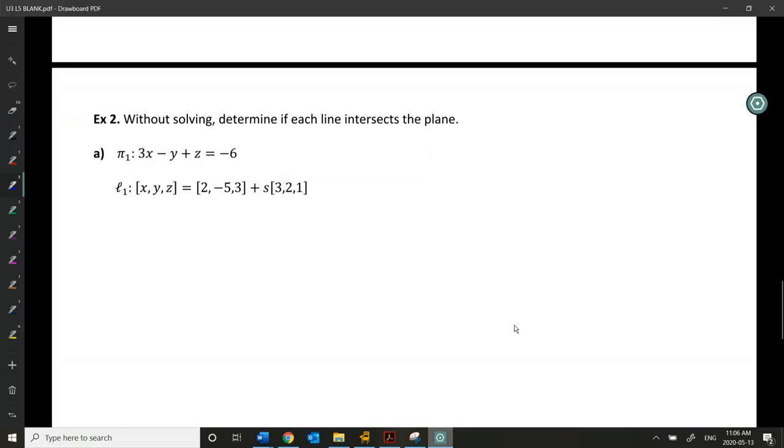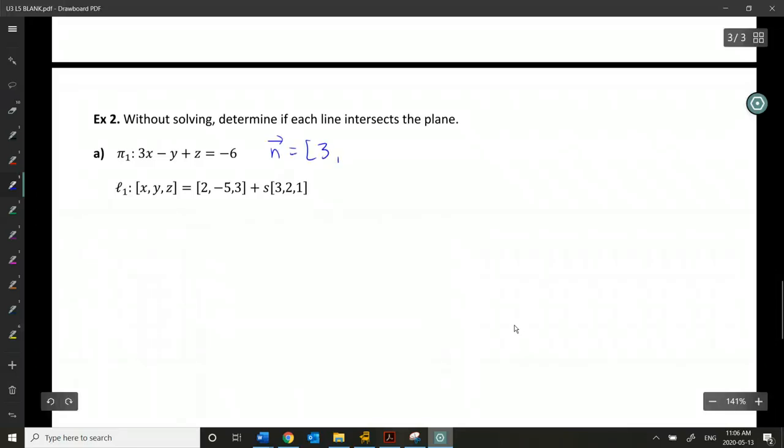And if we get that the dot product of the normal of the plane and the direction vector of the line equals 0, that must mean that the line and plane are parallel. If they're not parallel, the line has to intersect the plane at some point. That's just how things work in 3 space, right? The plane is a really large flat surface that extends in all directions. So eventually that line has to cross that plane.